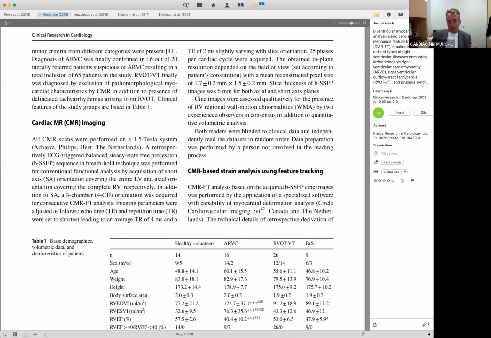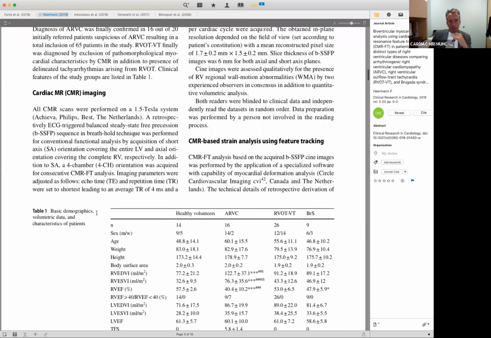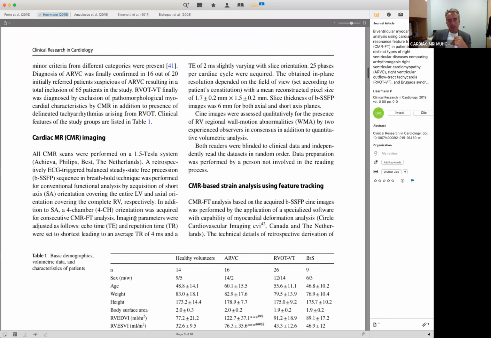Is it short axis, strictly along the anatomical axis of the heart, but of the left ventricle, or an axial view? There are some arguments, but I will not go too deep into that. They also performed a 4-chamber view, and then used all these images to analyze and quantify the strain.